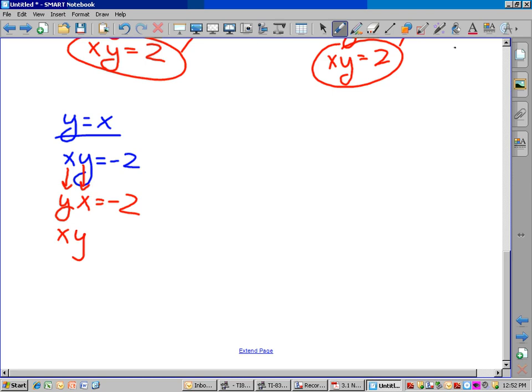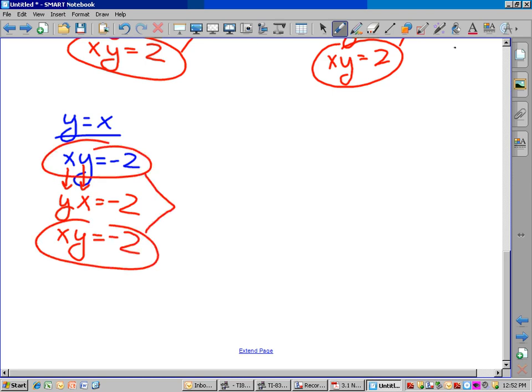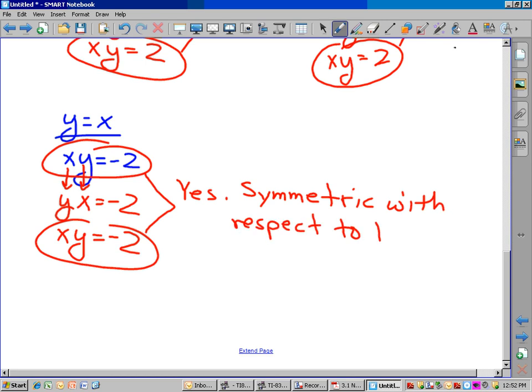So, are these two the same? Absolutely. Yes. This is symmetric with respect to the line y equals x.